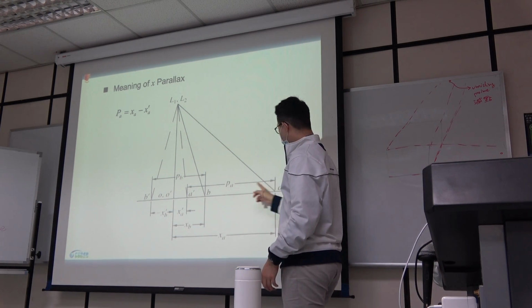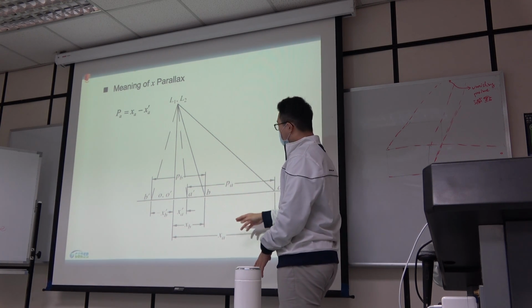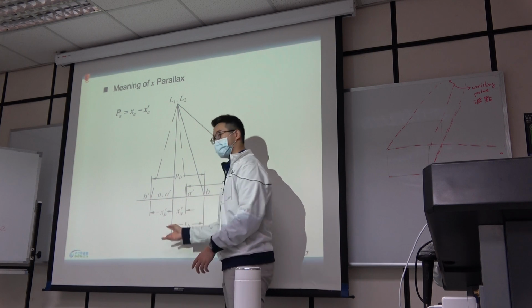After we put them together, their relationship becomes like this. A and B are from the first image; A plane and B plane are from the second image.